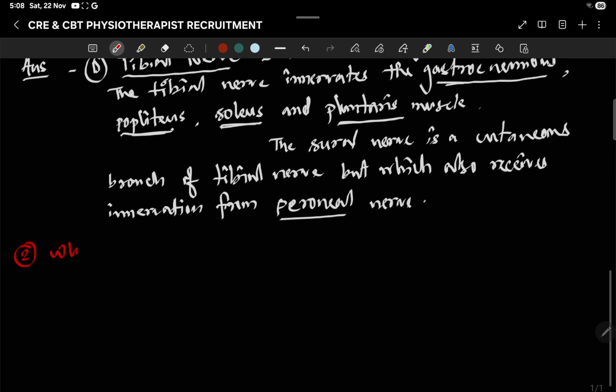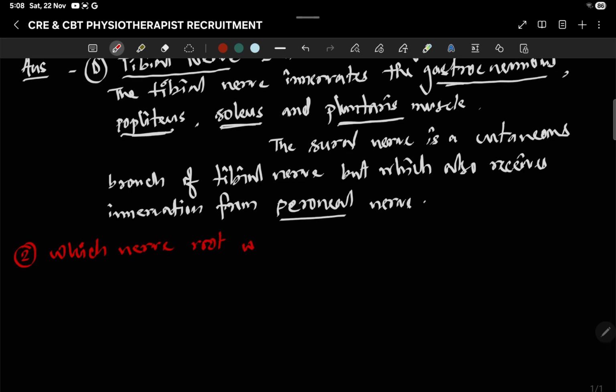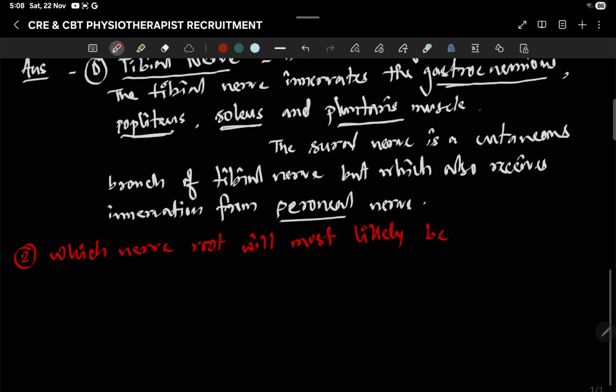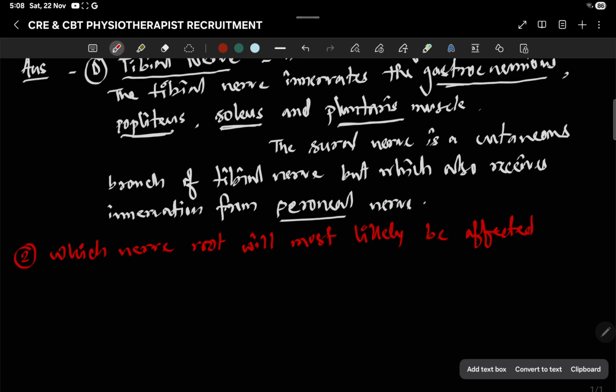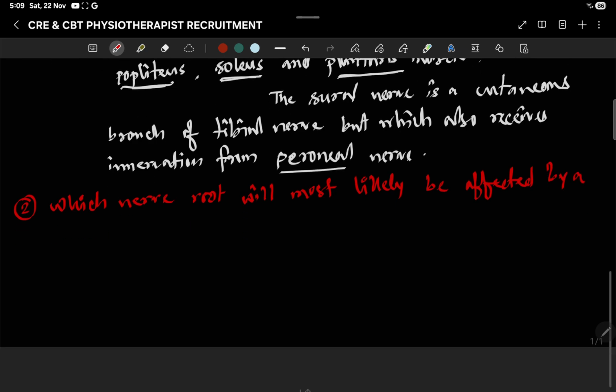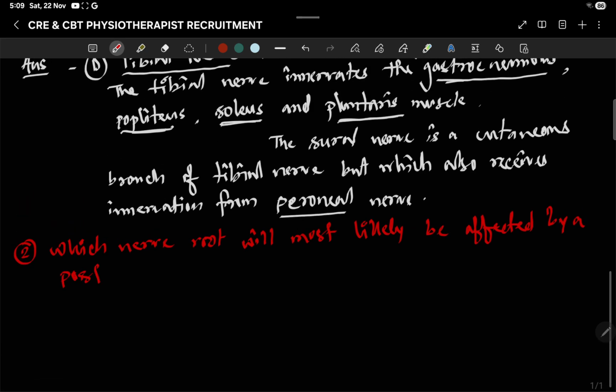Which nerve root will most likely be affected by a posterior L3 L4 herniated disc?